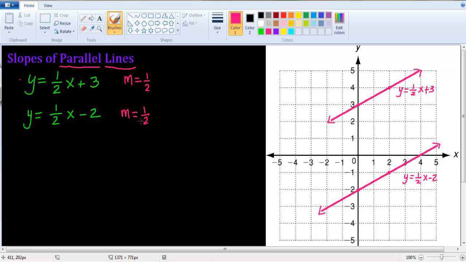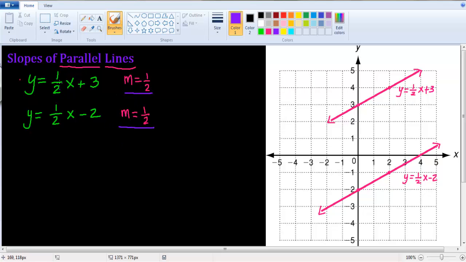Now, for purposes of algebra, I'm going to give you 2 equations, and I'm going to ask you, are these lines parallel? And you have to tell me if they are or not without drawing a graph. One way to know, and I don't know if you've seen this by now, is that both of these lines have the same slope.